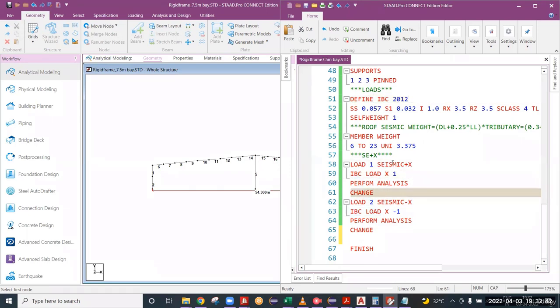As I told you, these will not occur at a time, but one after another. So it will perform analysis, and after completion it should not take this one into account again. So it has to be changed, so that it will take load 2 into account. That's why I'm giving change. Clear? Okay.